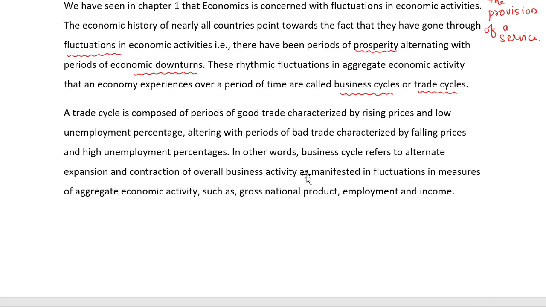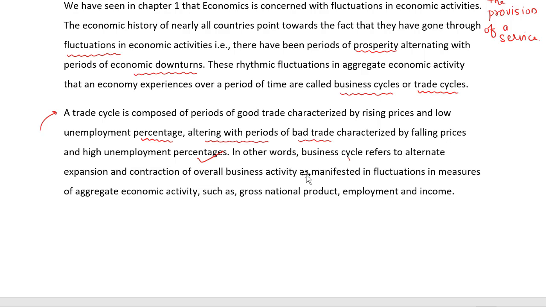Let us continue. A trade cycle is composed of periods of good trade characterized by rising prices and low unemployment percentage, alternating with the periods of bad trade characterized by falling prices and high unemployment percentage.